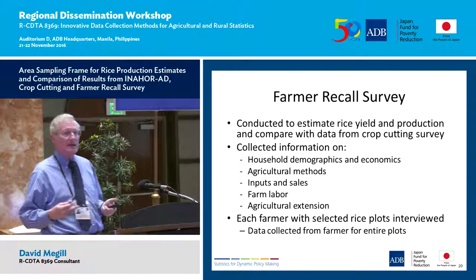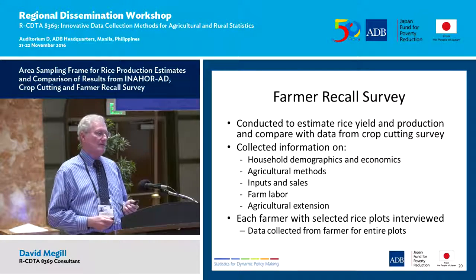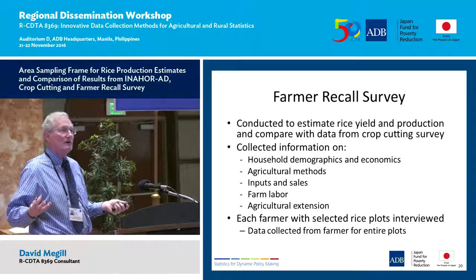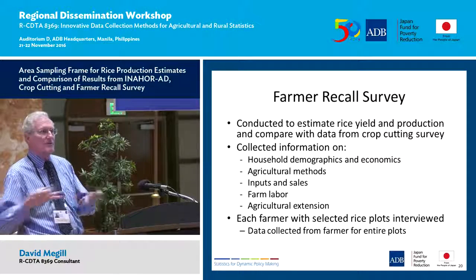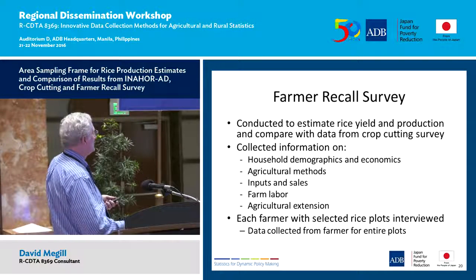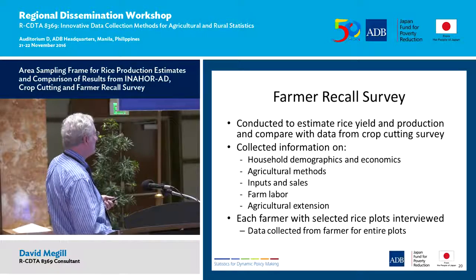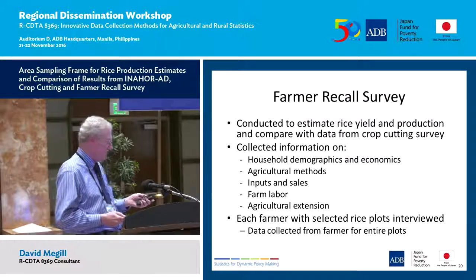And these are very critical parts of information that's needed in terms of developing programs and policies, because just knowing what the yield is isn't going to tell you what produced that yield, what the problems were that increased or decreased the yield. So it's very important to have farm level data also. And also we could compare the results to the objective area measurement. And so in this case, we collected data on all of the plots of the farmer.